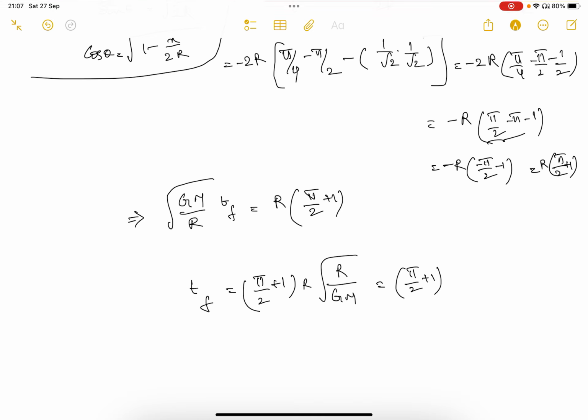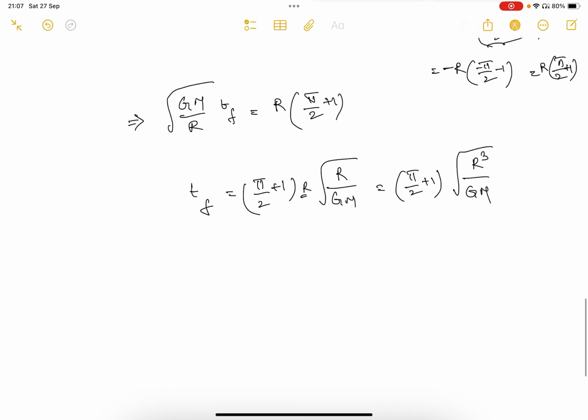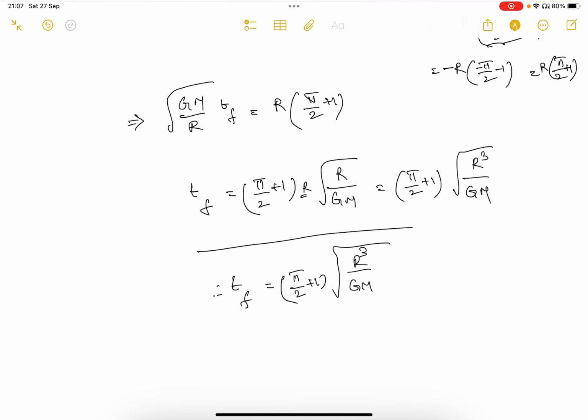Pi by 2 plus 1 into this r, we can take it inside, which will be r square. Then this is r cube by GM. So our final solution is t_f is pi by 2 plus 1 into root of r cube by GM. This is the solution.